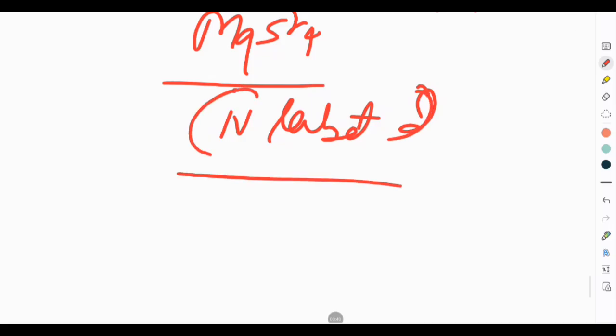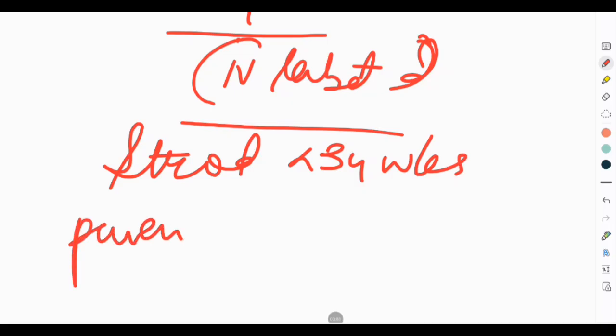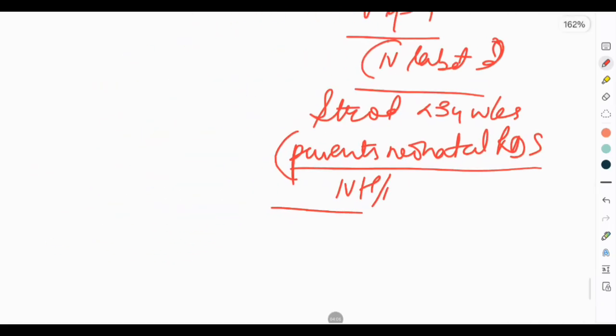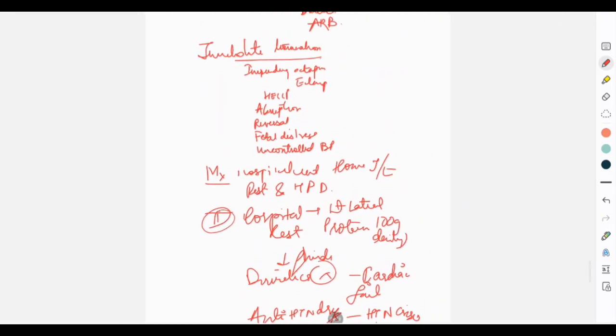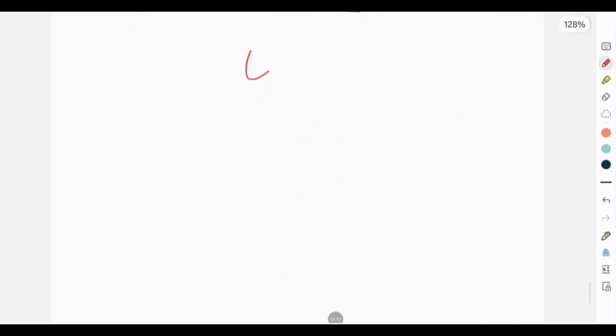Okay. Steroid less than 34 weeks prevents neonatal RDS, IVH. This is all about the acute fulminant preeclampsia and the management part of preeclampsia. Now we move on to what is eclampsia.